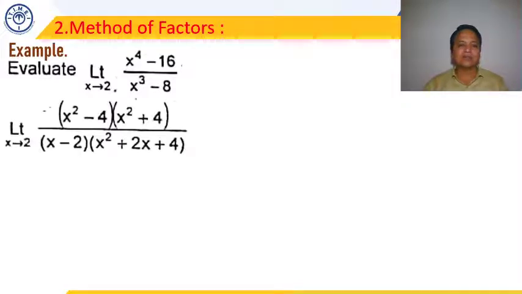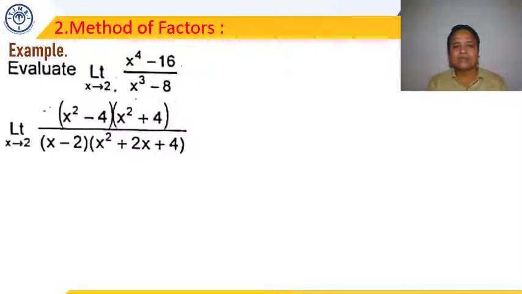So we try to factor the given expression, numerator as well as denominator. Now the numerator x to the 4 minus 16 can be broken into two brackets, (x square minus 4)(x square plus 4). We use the formula a square minus b square is equal to (a minus b) multiplied by (a plus b).